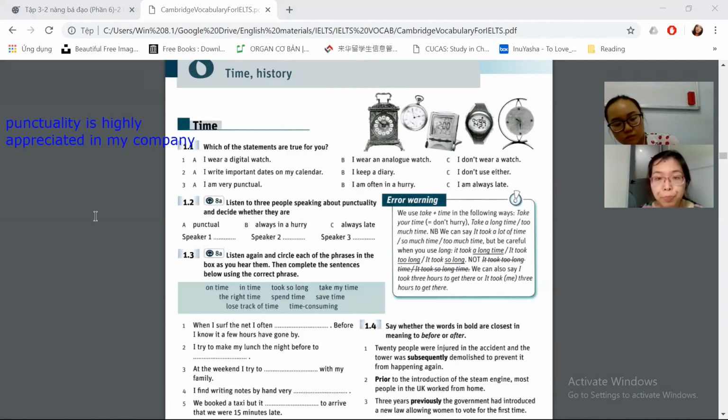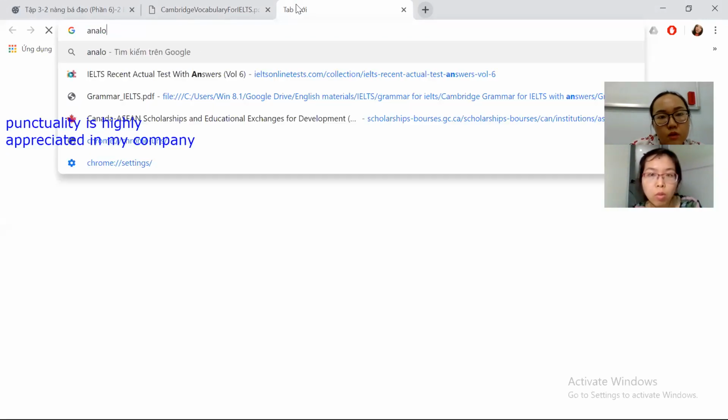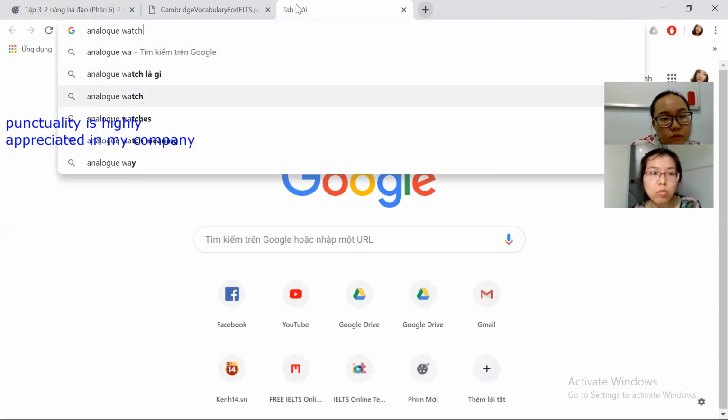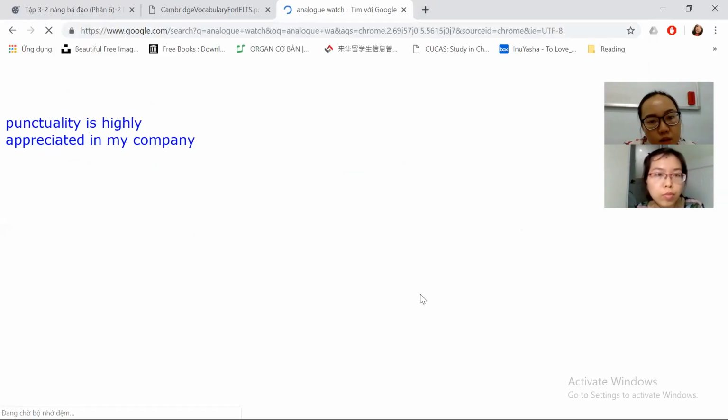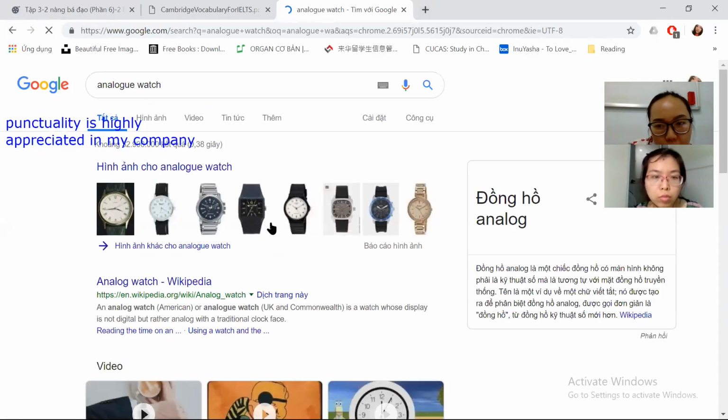How about analog watch? Analog. We can give the đồng hồ. I don't know how to say it in Vietnamese, but we can check. Is it đồng hồ cổ, or đồng hồ cơ?